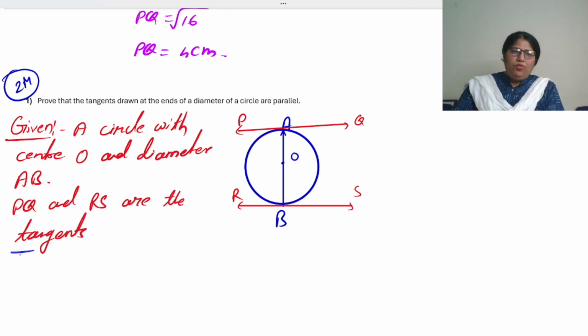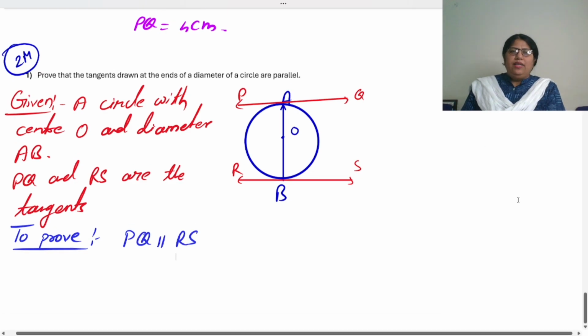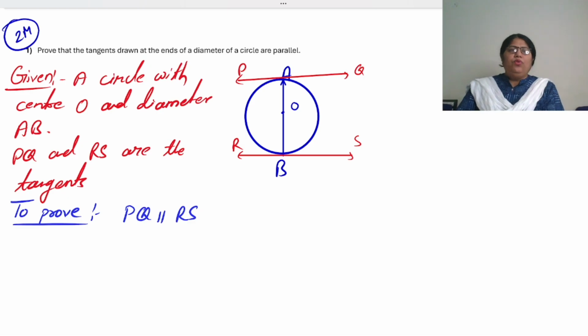Now what you need to prove here? Because they are drawn at the end of the diameter, you need to prove that PQ is parallel to RS. Now how do we prove two lines are parallel? If I can prove any one property, either alternate interior angles are equal, or corresponding angles are equal, or co-interior angles are supplementary, then I can prove that the lines are parallel.